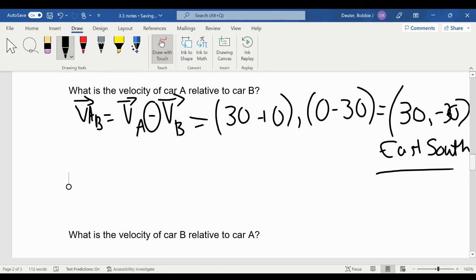So the problem is we just said that we have a 45, 45, 90 triangle, but we're headed southeast, which puts us in the fourth quadrant instead of the first quadrant. So now our angle isn't going to be that beautiful. Our angle, because we're in the fourth quadrant, is going to be 315.